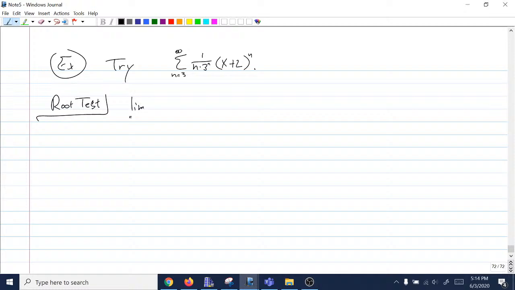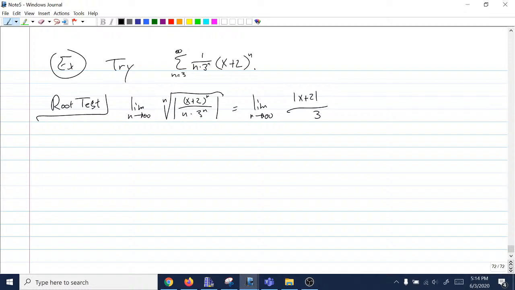We're thinking about the limit as n goes to infinity of the nth root of the absolute value of (x plus 2) to the n over n times 3 to the n. This is the limit as n goes to infinity of, I get absolute value x plus 2, the power of n and the nth root cancel. I get 3 on bottom. The n and the n cancel.